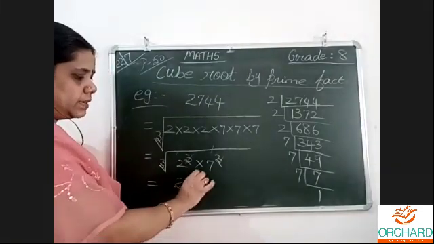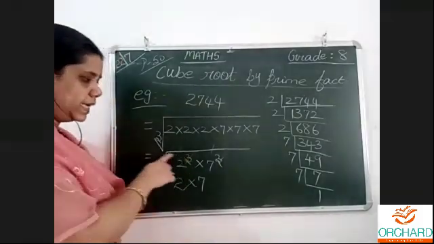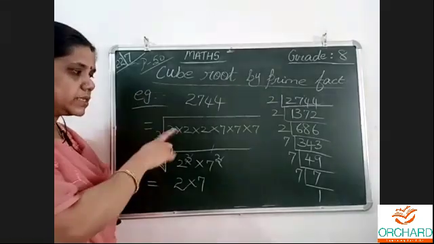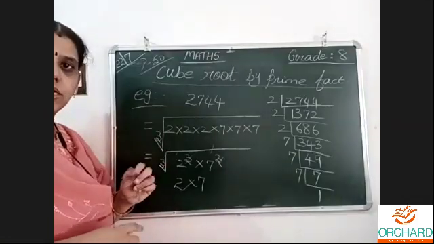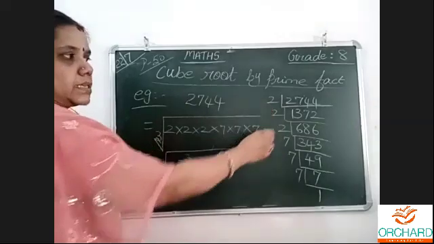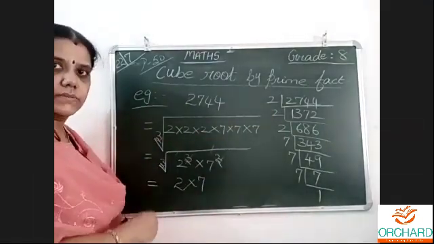The number jumps out. No root. The power 3 and cube root get cancelled. Same like squares: square and square root get cancelled. If the numbers are in pairs, that is square root. This is cube root. The numbers must come as 3, 3. If it is not coming as 3, it will not come out.